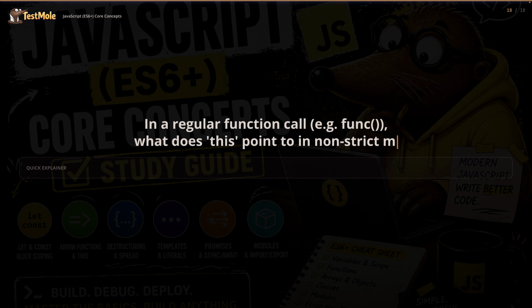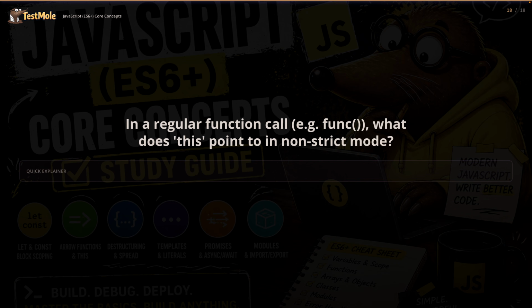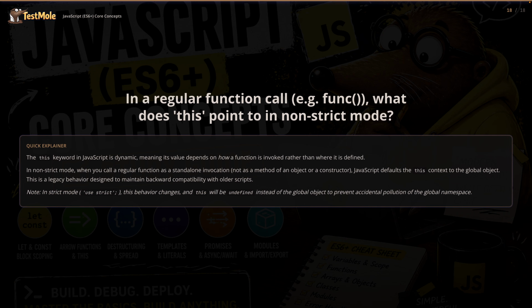In a regular function call, e.g., func(), what does this point to in non-strict mode? The this keyword in JavaScript is dynamic, meaning its value depends on how a function is invoked rather than where it is defined. In non-strict mode, when you call a regular function as a standalone invocation, not as a method of an object or a constructor, JavaScript defaults the this context to the global object.